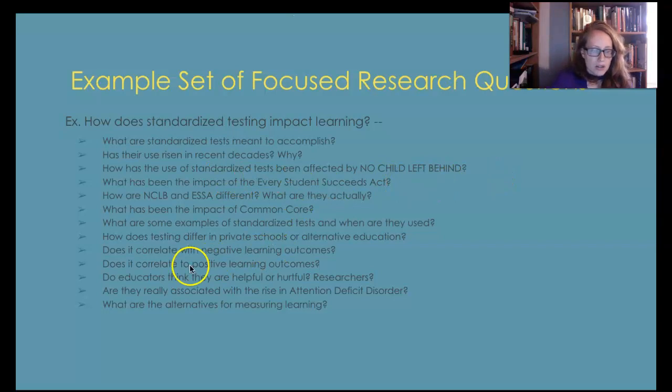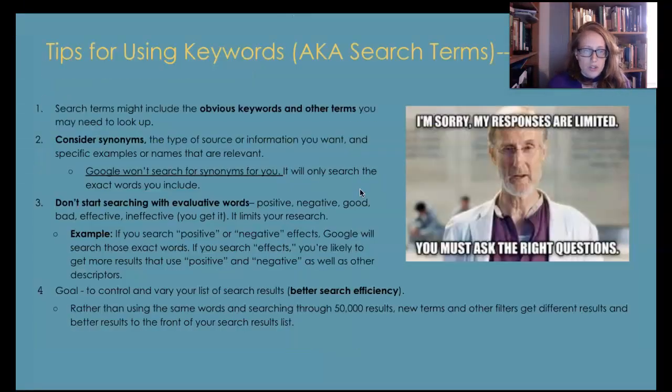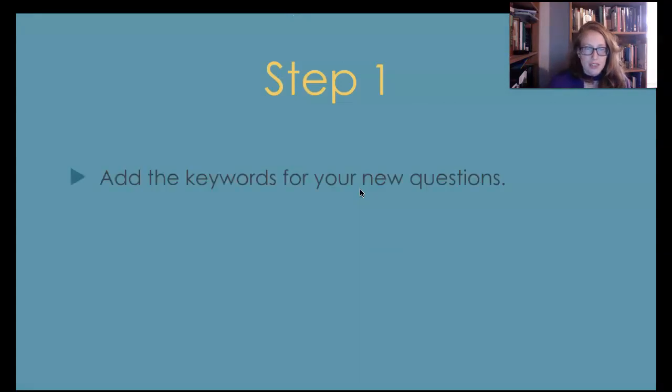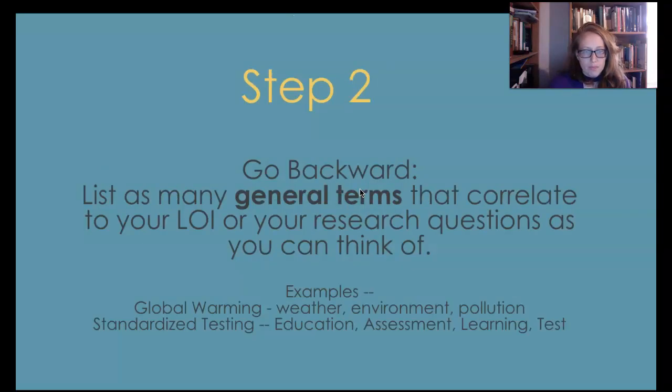Or coming down here and saying standardized test, learning outcomes, and pulling some keywords from those smaller questions to help you think about some different ways to search and get at more specific information. So I want you just to take a few minutes. You can maybe pause this, it might not take that long, and try to come up with as many synonyms as you can think of.